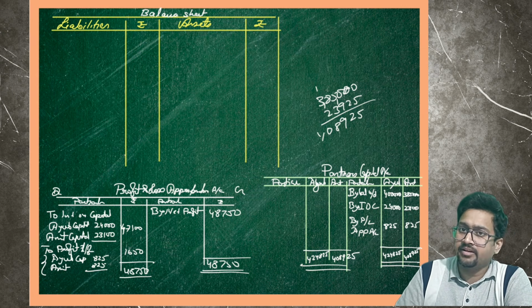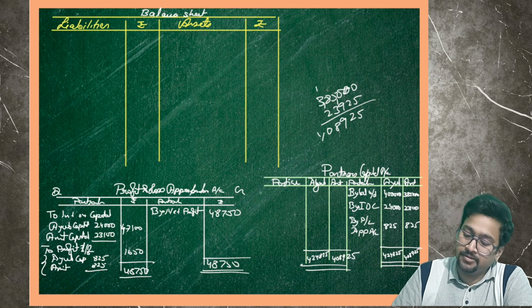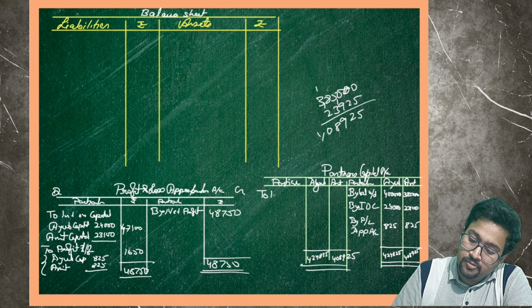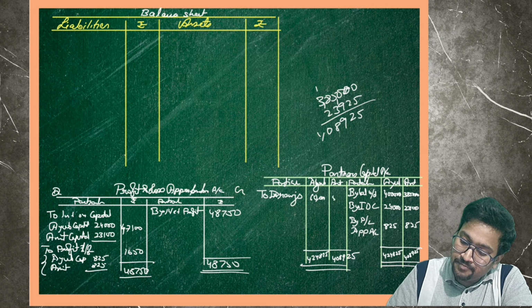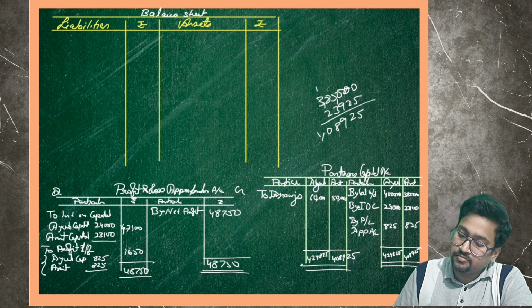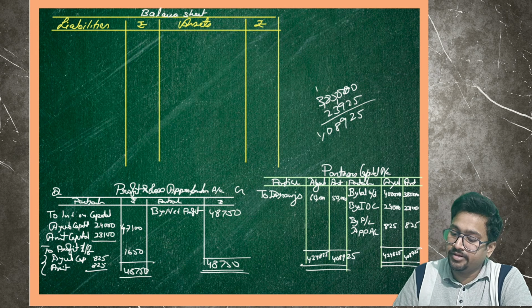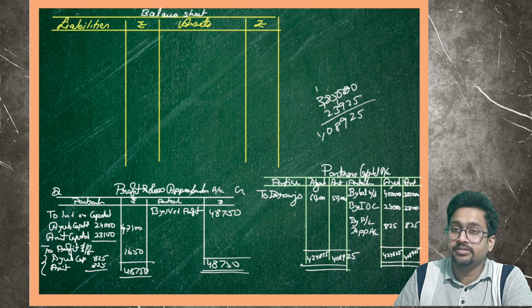Now whatever we write in the debit side will reduce the capital. So here we'll write firstly to drawings. Drawings as given are 60,000 and 50,000. So now what we'll do here is we'll reduce from 4,24,825 the 60,000.